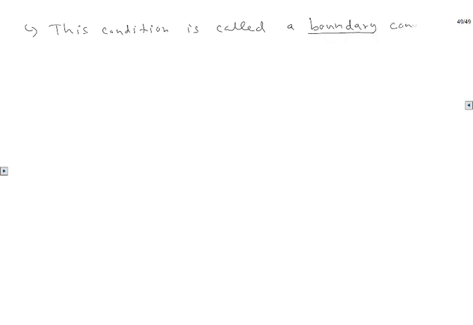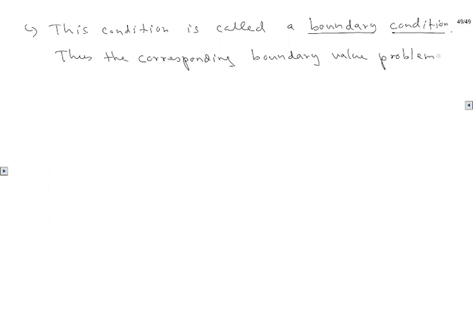Thus the corresponding boundary value problem is given by 4y double prime plus 4y prime plus 37y equals 0, along with y of 0 equals 5 and y of pi over 2 equals negative 7 e to the negative pi over 4. If you try to solve this differential equation, you end up getting that solution.